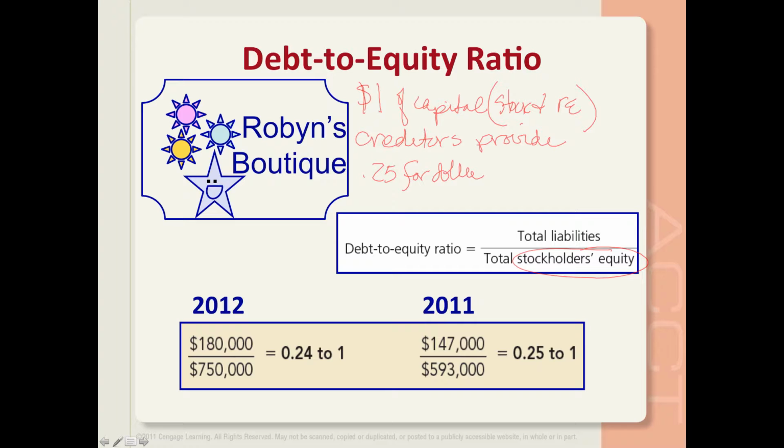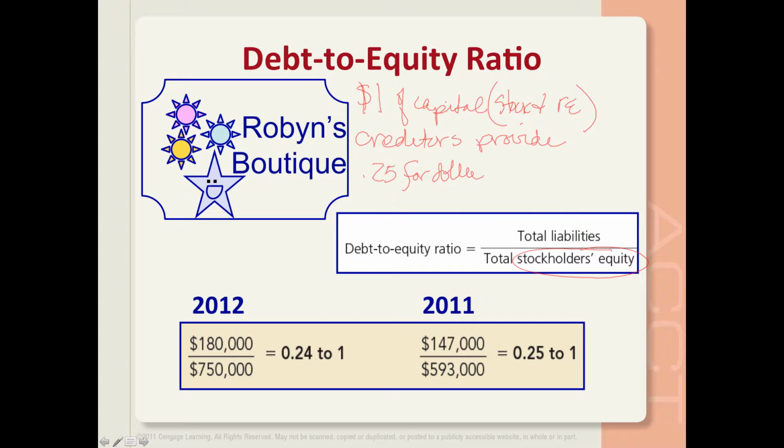So you can see that this is very important, not only for internal managers, but for external people to understand how Robin's Boutique is borrowing money. In this case, they tend to sell stock as opposed to go to a bank for a loan.